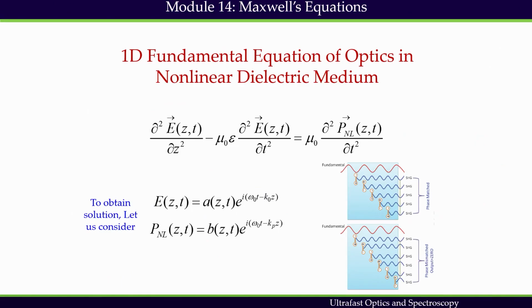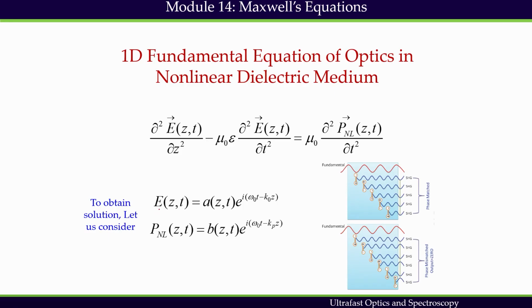Furthermore, here we have considered the propagation of the input fundamental beam with omega 1 frequency. So, omega 1 is the fundamental frequency, and polarization is induced in the dielectric, non-magnetic, source-free medium. The frequency of the induced polarization is omega naught.